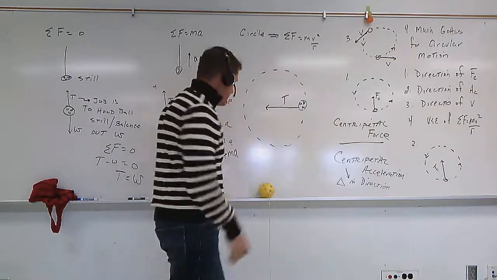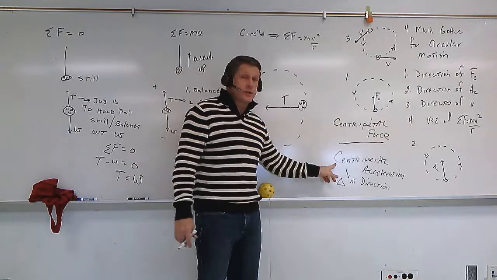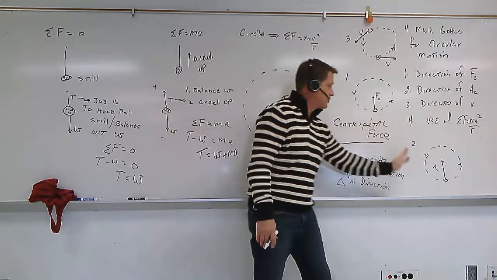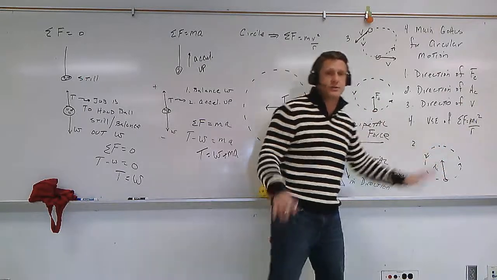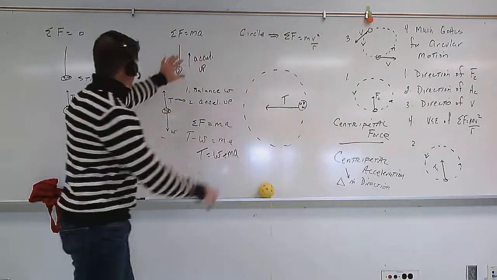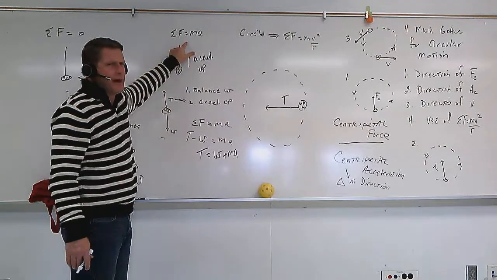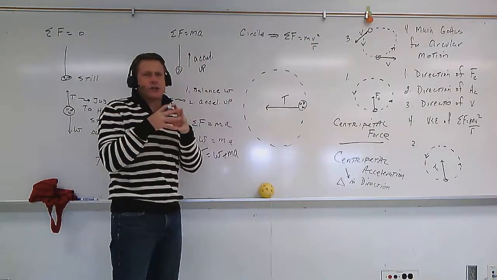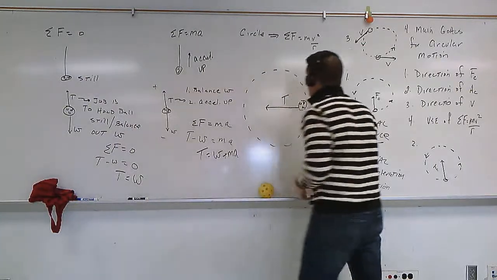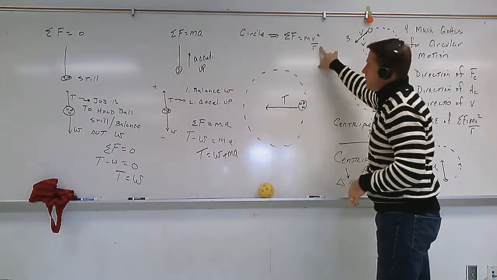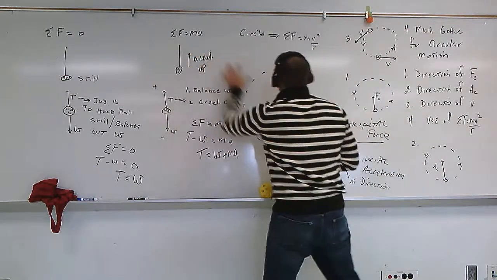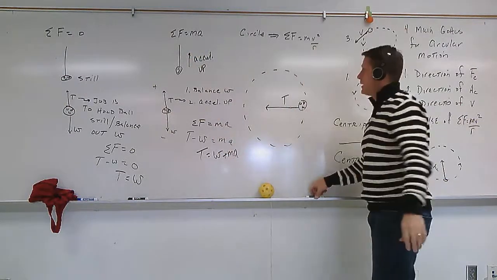Now, last thing here. We know there's a centripetal acceleration, which is caused by this centripetal force, which is towards the center of the circle. If there's an acceleration, then sum of the forces equals ma. But this is a specific acceleration that has to do with circles. So we take sum of the forces, and it equals mv squared over r. Well, look at these two things. ma and mv squared over r.